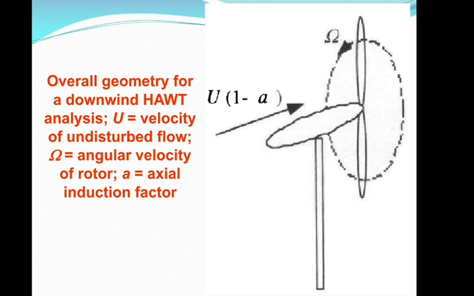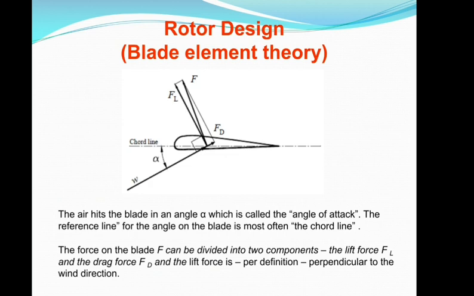Then the rotor design element theory: the blade hits the wind at an angle alpha, which is called the angle of attack. The reference line for the blade is most often called the chord line. The force on the blade F can be divided into two components, lift force and drag force, which by definition are perpendicular and parallel to the wind direction.